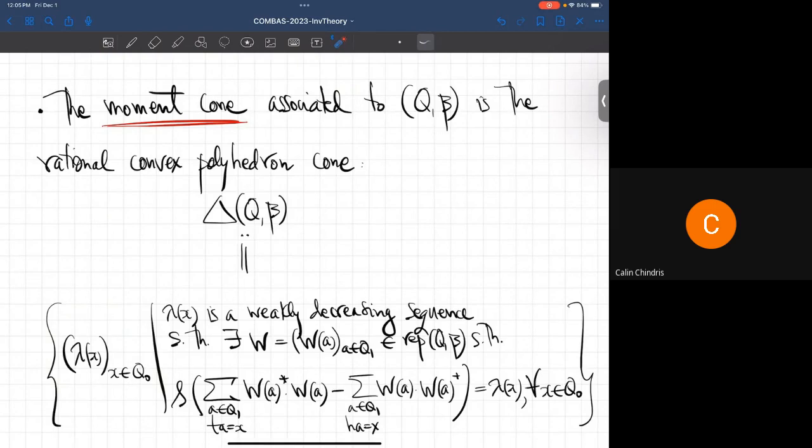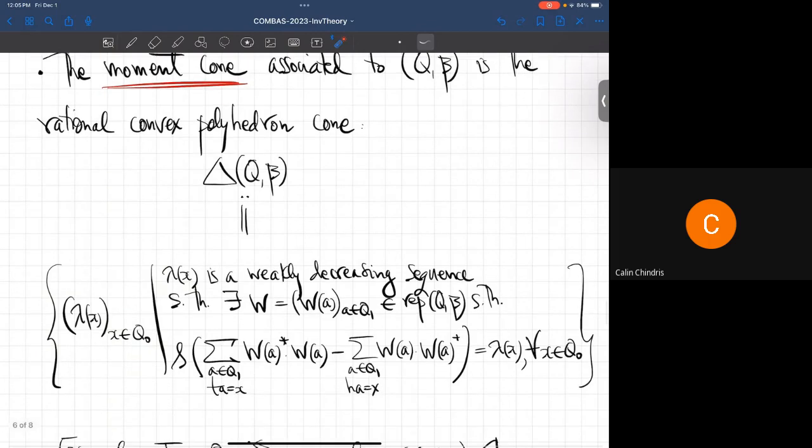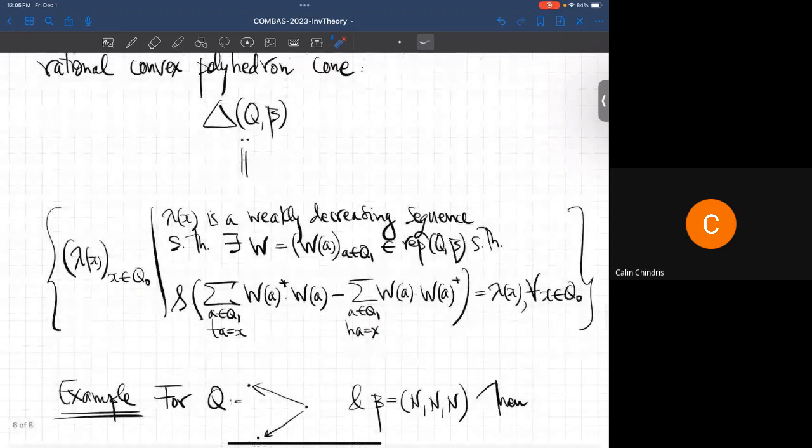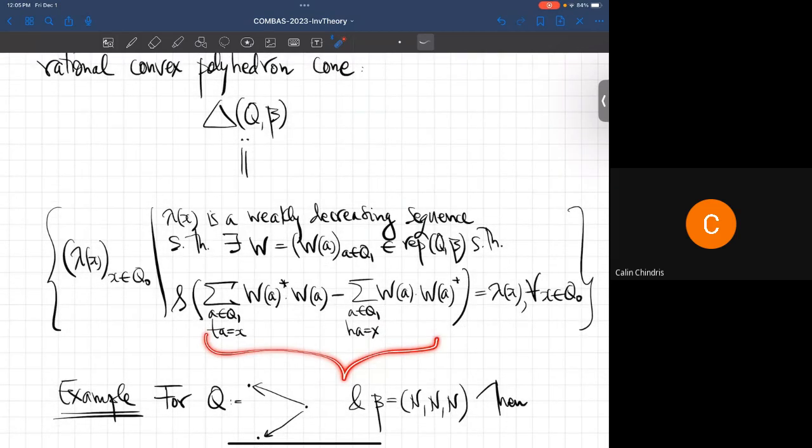So for every vertex x of Q, lambda of x is a weakly decreasing sequence of real numbers. And what we want for this tuple is that there exists a representation, or if you want, a tuple of matrices W of A, one matrix for every arrow, where W of A has the right size, such that the spectrum of this Hermitian matrix is exactly lambda of x. So S of a Hermitian matrix stands for the spectrum of that matrix.